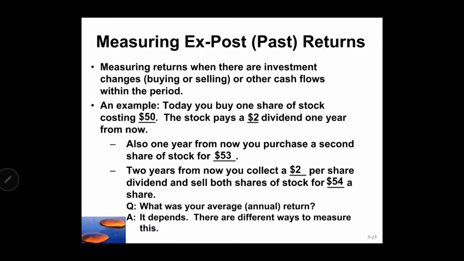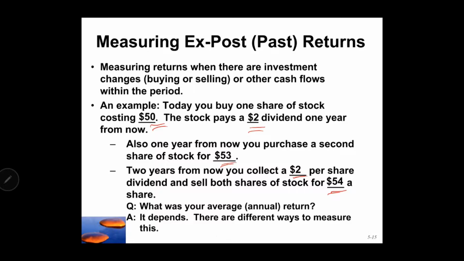So for example, today you buy one share of stock, $50. The stock pays $2 dividend 1 year from now. Also 1 year from now you purchase a second share of stock. 2 years from now you collect $2 per share dividend and sell both shares for $54 a share. What was your average annual return?